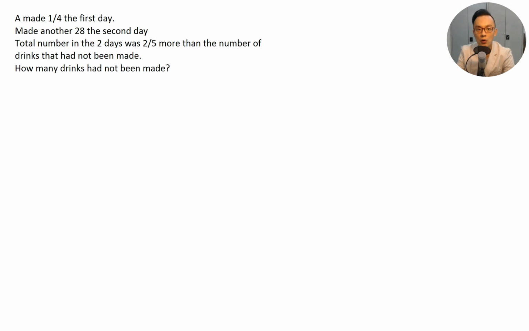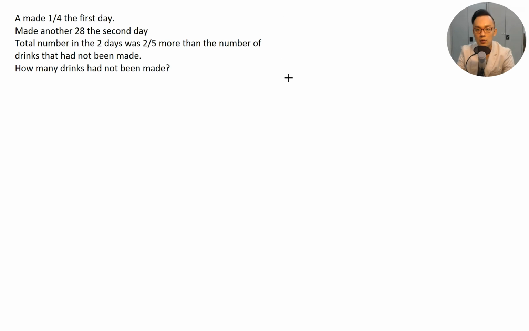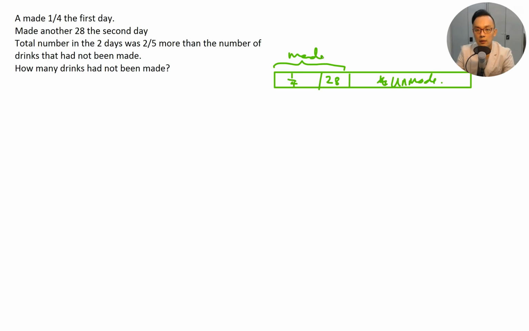So let's draw some models to help us understand this question better. So let's say this is the 2 days. So he made 1/4 the first day, and he made 28 the second day. So total number in the 2 days was 2/5 more than the, so this is unmade and this is made.